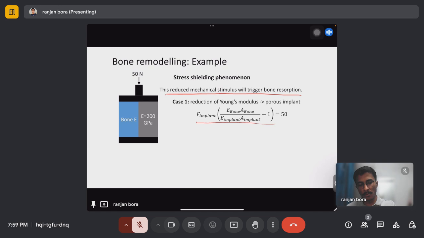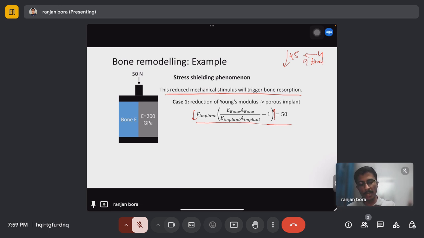F implant was 45 and F bone was 4, so it is almost 9 times higher than the force in the surrounding bone. So we want to decrease the force in the implant. From this expression, if we want to decrease this, we need to increase this.